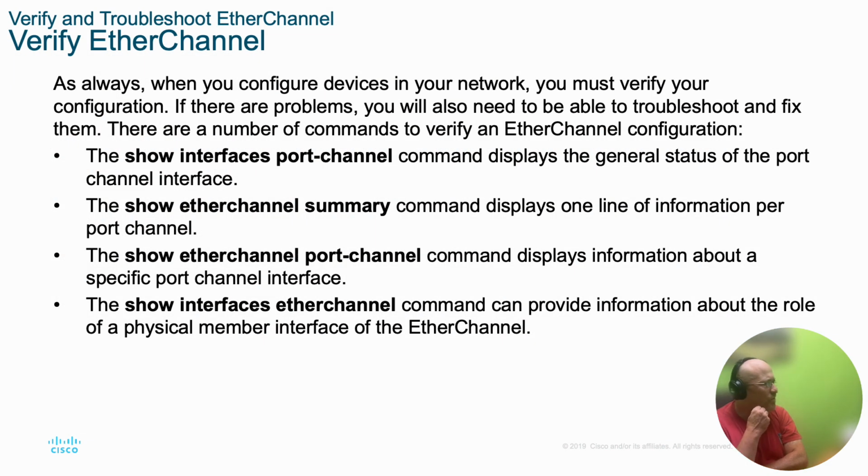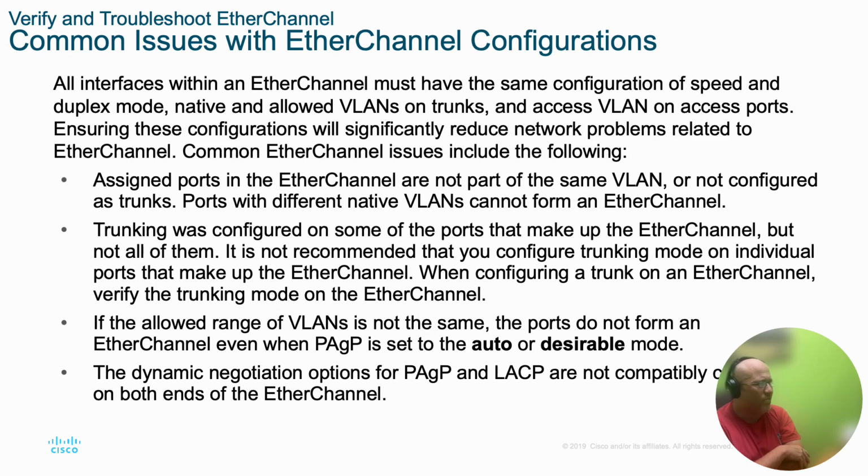For EtherChannel, you can do the show interfaces port-channel or show etherchannel summary commands as well. There is actually a range of different commands. You can look at the physical interface, or you can look at the actual physical port and its membership. The common issues you're likely to encounter: it's got the wrong VLANs.